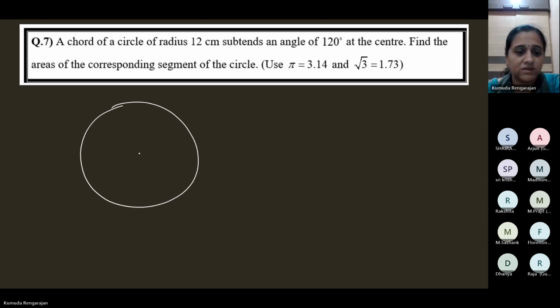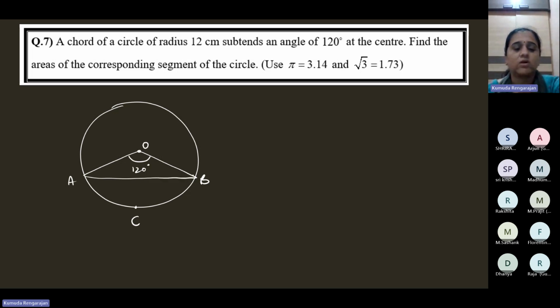Circle, center of the circle, 120 degrees, arc AB, center O, any point C, and this is the chord. The radius is 12.